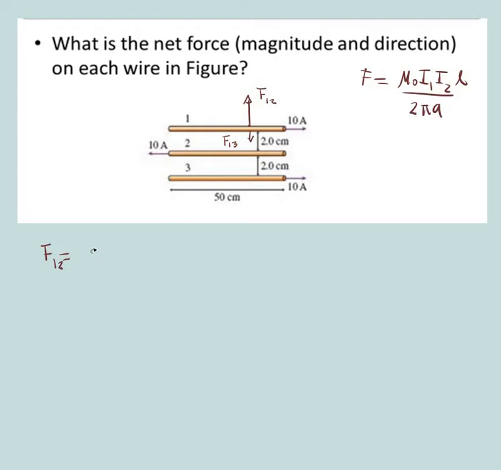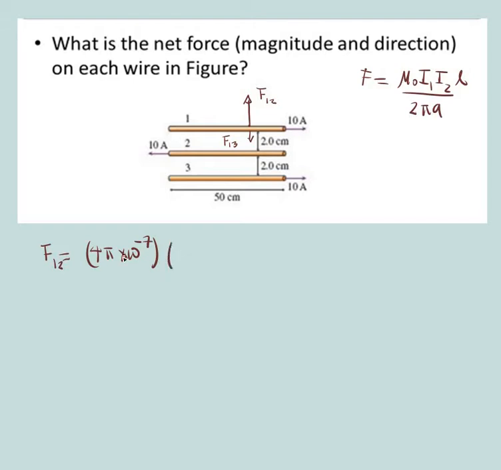So in this case, it's going to be 4 pi times 10 to the minus 7 in its unit, which is Newton per ampere squared, or Tesla meter divided by amperes. You can see in the PowerPoint all the units you can use.